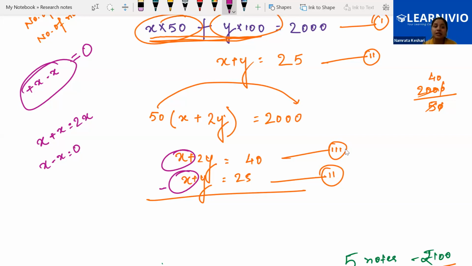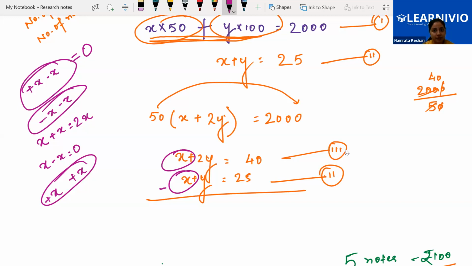When the same sign is there, minus x or plus x, this time we have to do the subtraction, because we need one positive and another negative. If the coefficient is exactly the same, either of x or y, check whether the sign is same or opposite.